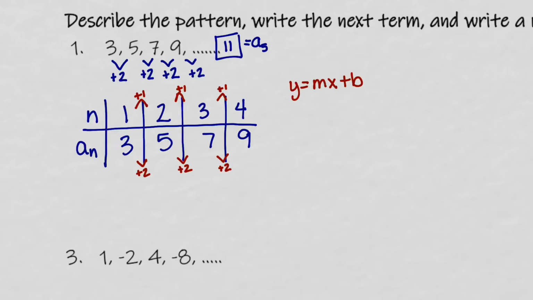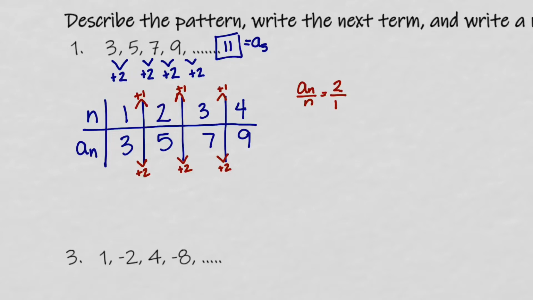And we're looking at the changes that happen. Our slope is always y over x. So in this case, it's going to be the change in a_n over the change in n, which was 2. It goes up 2 on the bottom, and on the top it goes up 1. So that is kind of our slope.